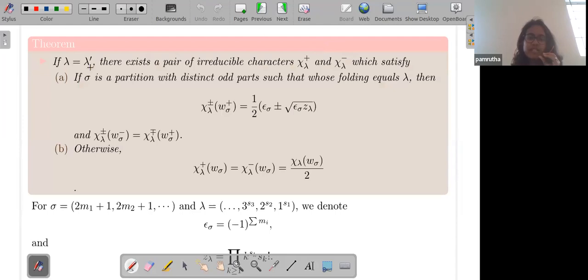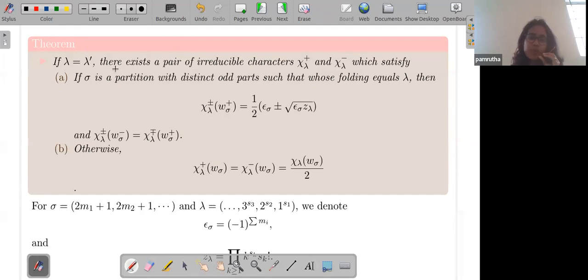If lambda is a self-conjugate partition, then we will have two irreducible characters, chi lambda plus and chi lambda minus. What we are doing is evaluating chi lambda plus and chi lambda minus at some particular element in the alternating group. This is how we evaluate the character. I want to consider two different cases.